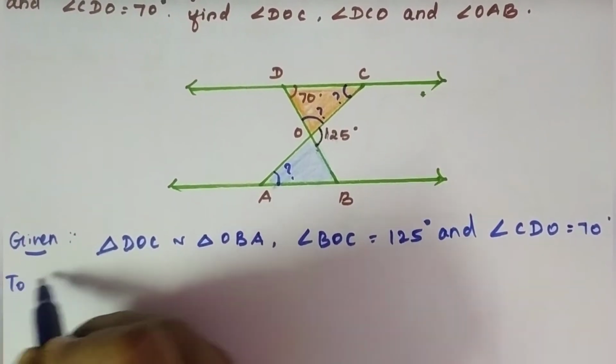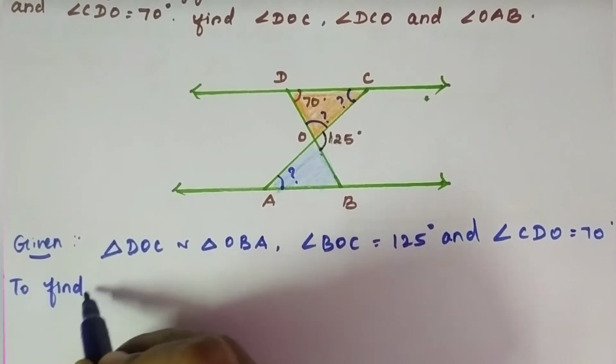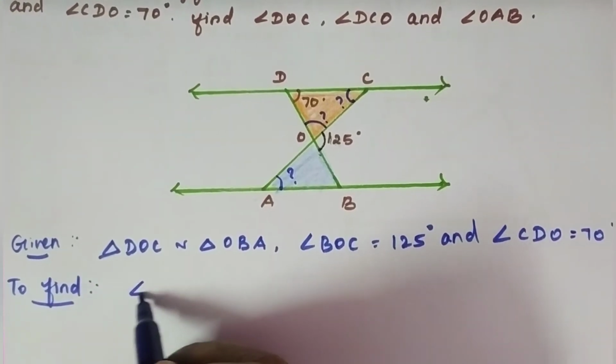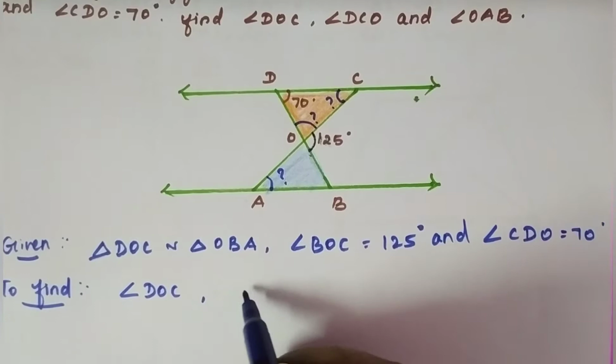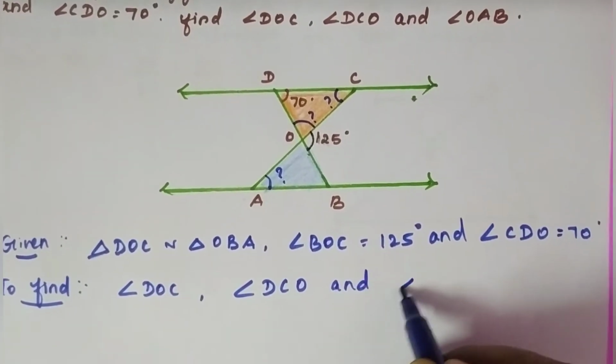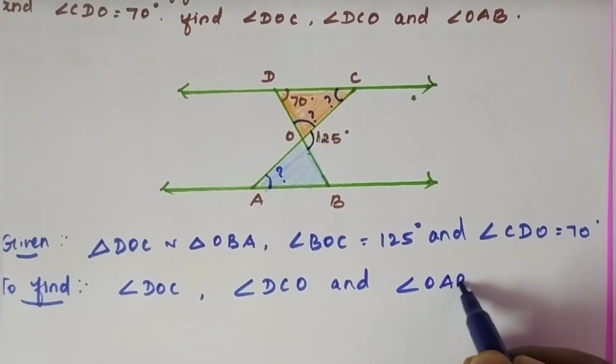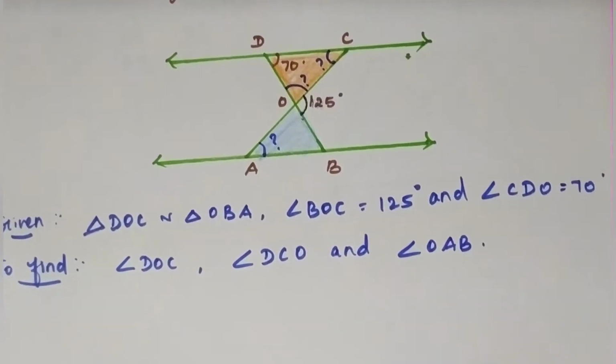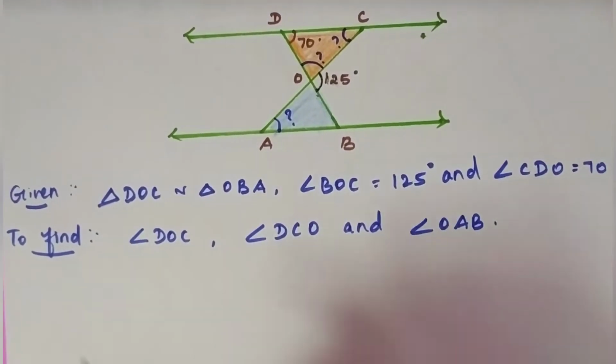To find: angle DOC, angle DCO, and angle OAB. These are all the things you have to find.